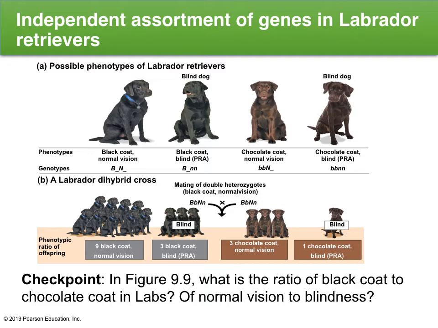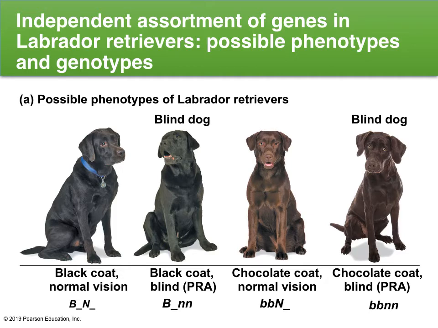Now, you might find yourself asking, okay, when we have a dominant phenotype, the black coat, we can only guarantee that one of those alleles will be the dominant. Whereas if you have the recessive trait, chocolate coat, you know it's 2 copies of the recessive allele. There's no other way to get the chocolate coat. But here, you could have 2 possibilities, homozygous dominant or heterozygous.